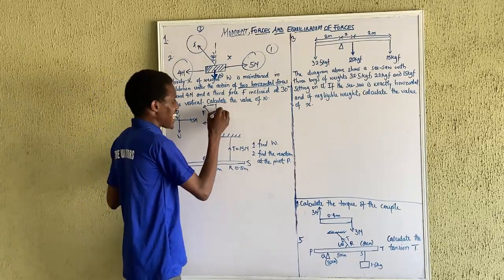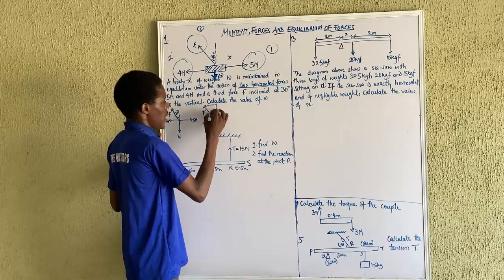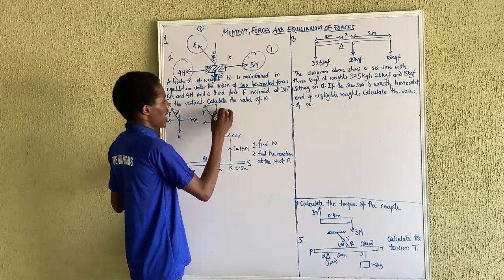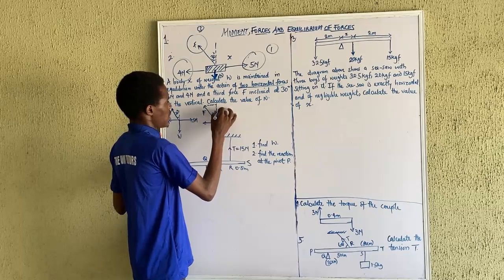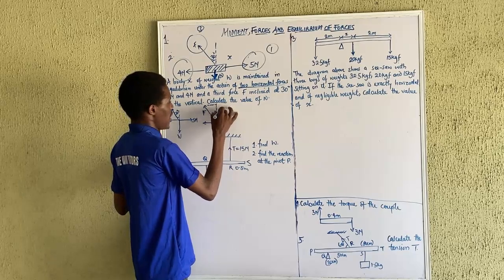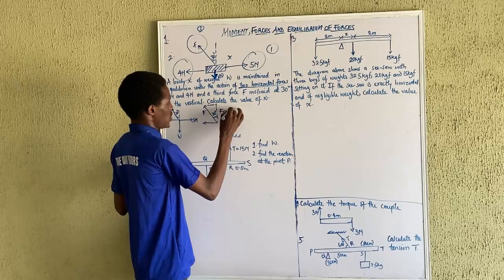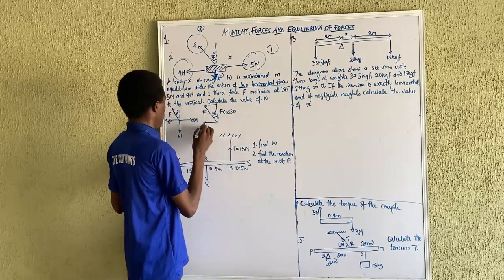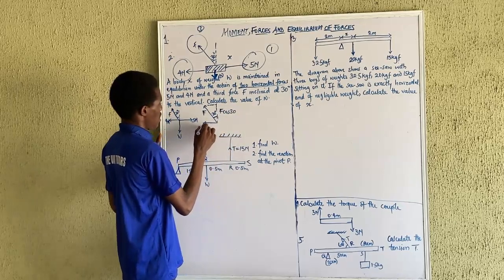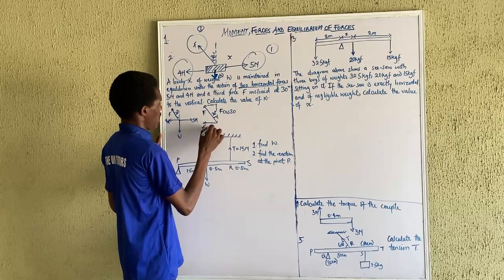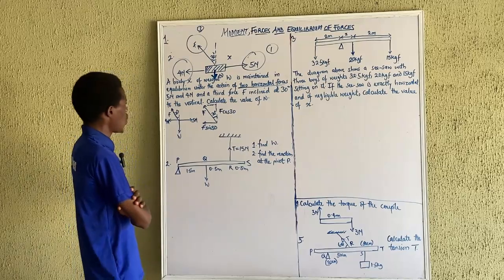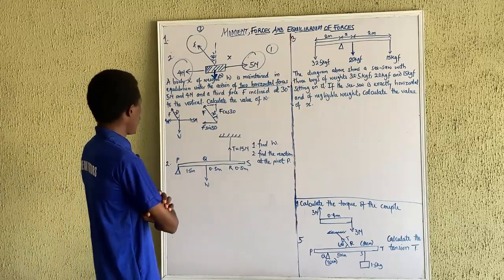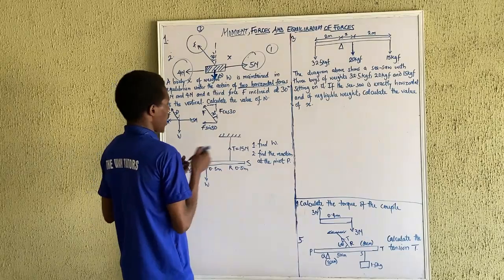That means if this is adjacent and this is hypotenuse, I can use A over H, cos. That is, this side is F cos 30. This side is F sin 30. I can't find W until I know F.